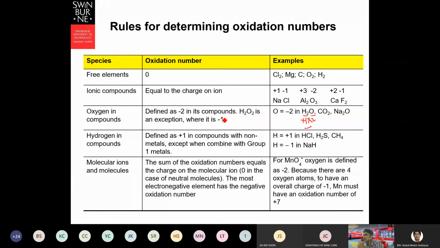So there is a positive 2 charge, and it is neutralized by the negative 2 charge coming from the oxygen. At the end it becomes neutral, right? At the end it becomes neutral.